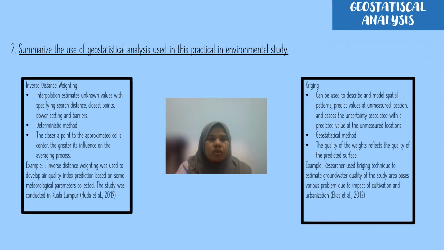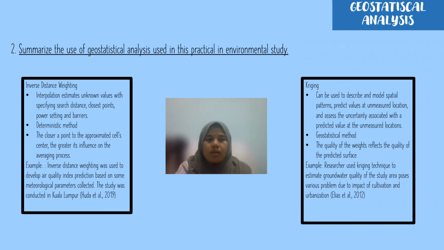Okay, the next question is to summarize the use of geostatistical analysis used in this practical in environmental study. Inverse distance weighting is an interpolation that estimates unknown values with specified search distance, closest points, power setting and barrier.